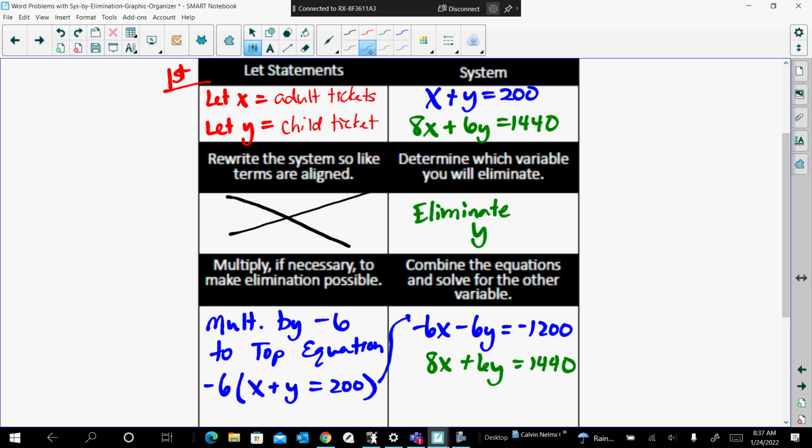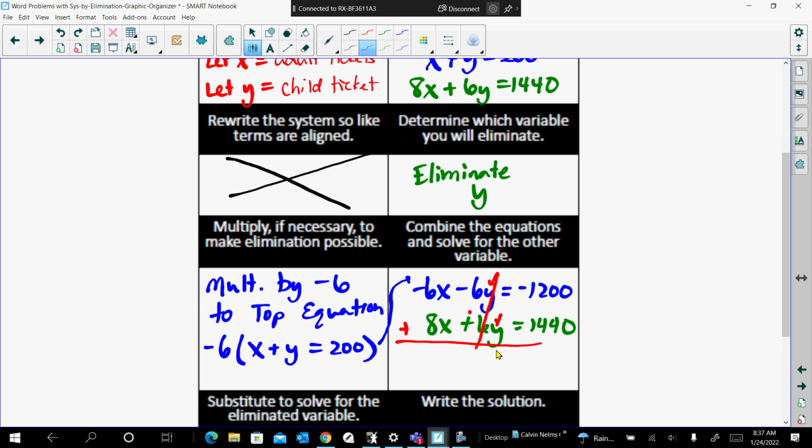And now I have my y's lined up, and now they're opposites of each other, right? Plus and minus, so we can cancel them. This is going to leave me with 2x equals 240. So we divide that by 2, and my x equals 120. That represents the number of adult tickets.